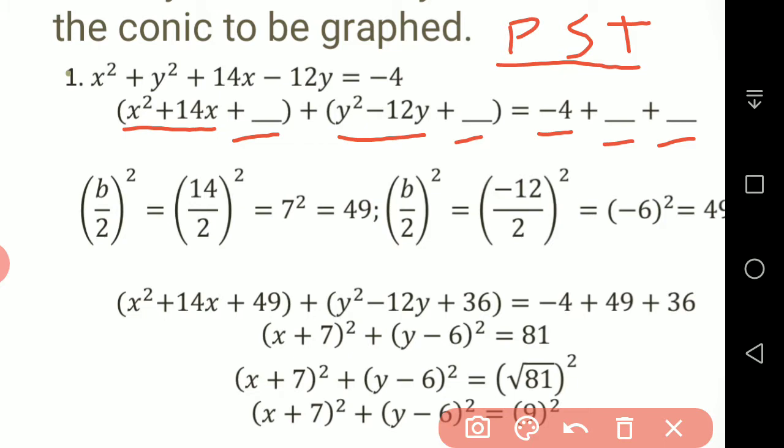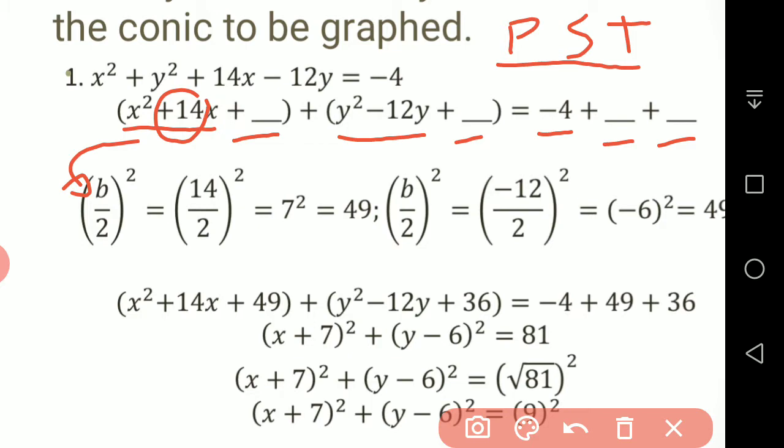First, we need to identify the coefficient of the middle term. In x squared plus 14x plus blank, the middle term is positive 14. So you take that and remember this equation: b over 2, squared, where b is your middle term.